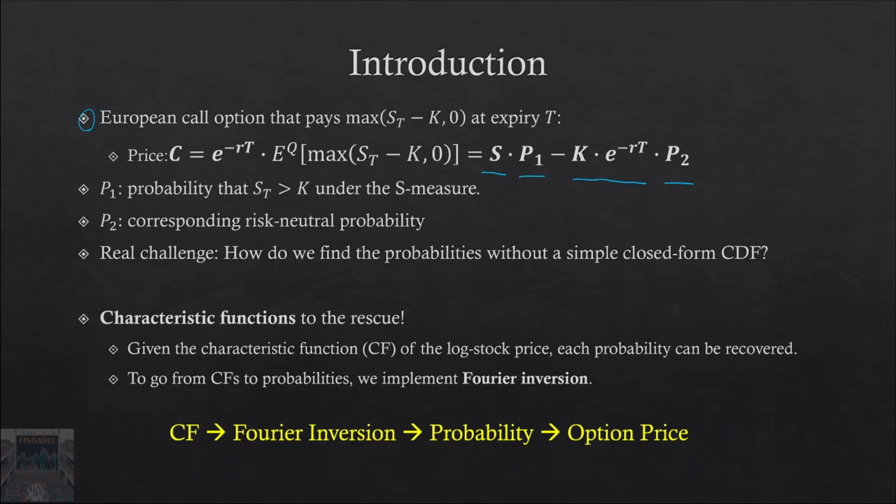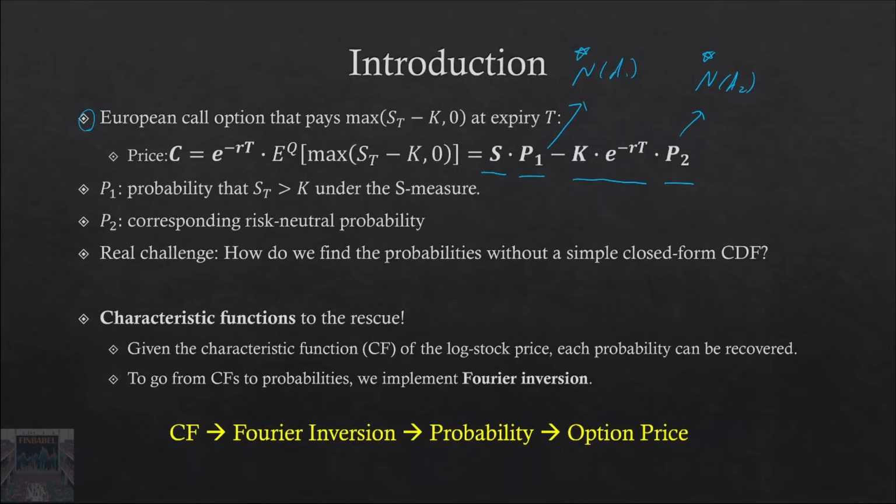This pricing formula for a European call option should look familiar to those of you who know about Black-Scholes. Under Black-Scholes, the P1 is written as N of D1 and P2 is written as N of D2 because we know that the log stock price follows a normal distribution, hence the notation of N for the probabilities.